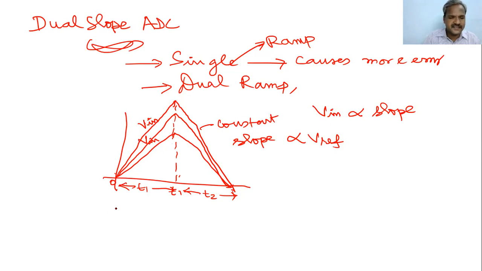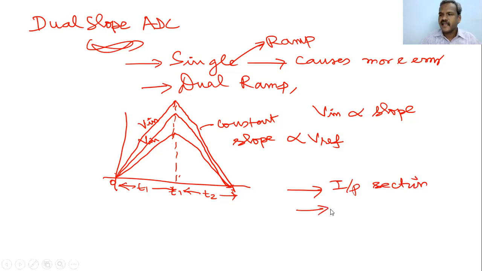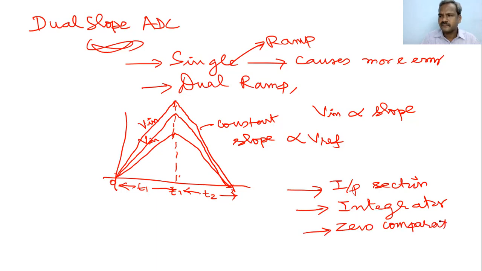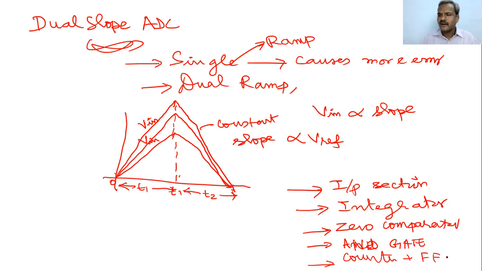The dual slope ADC consists of the input section, then the integrator section, then the zero comparator, or zero detector, then an AND gate, then a counter with a flip flop, then the switch drive circuitry.